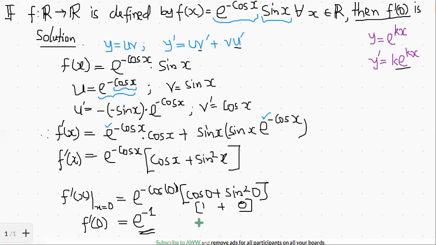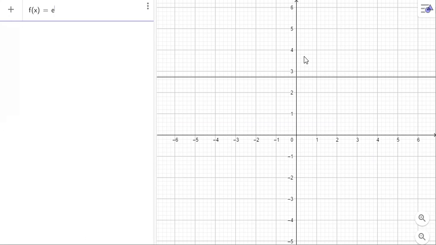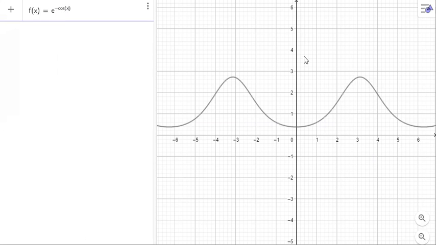So now let's compare this answer with the answer we're going to get when we differentiate using GeoGebra. Again, let's key in the function. So f of x is equal to e to the power of negative cos x times sine x.